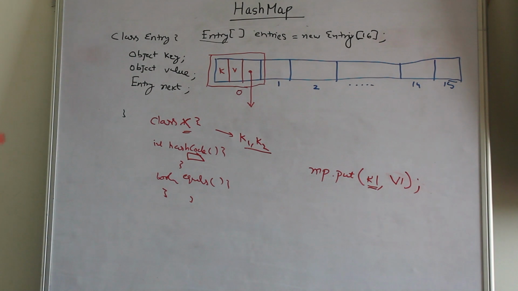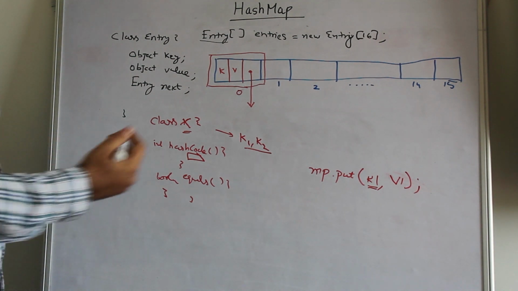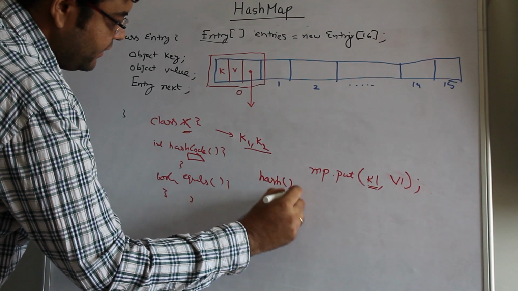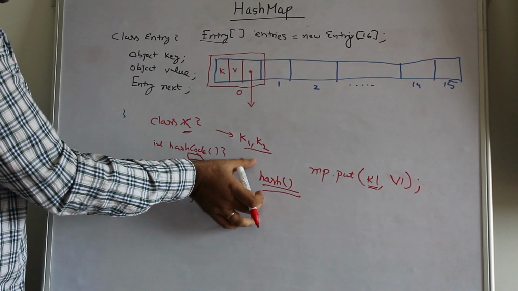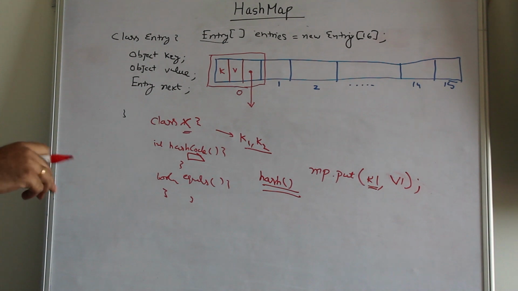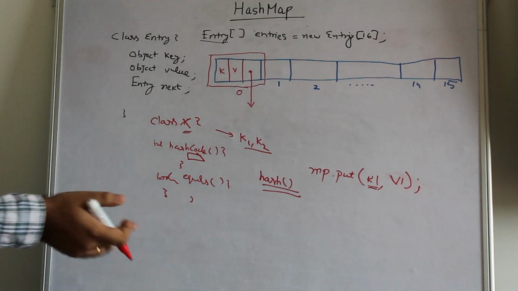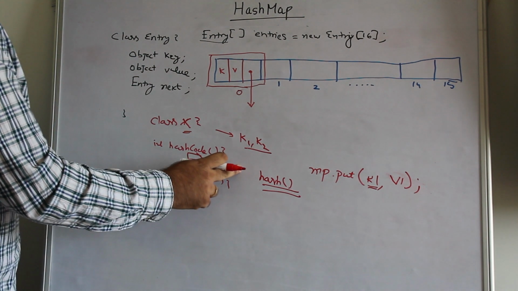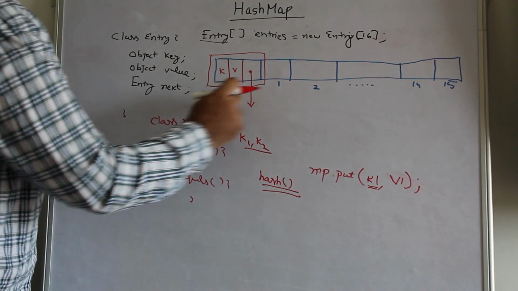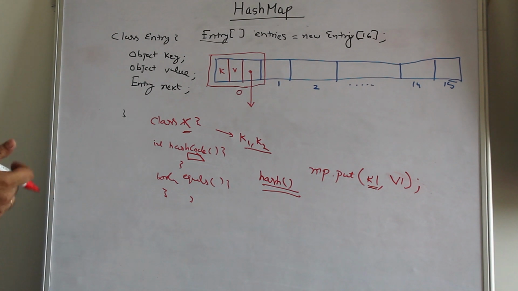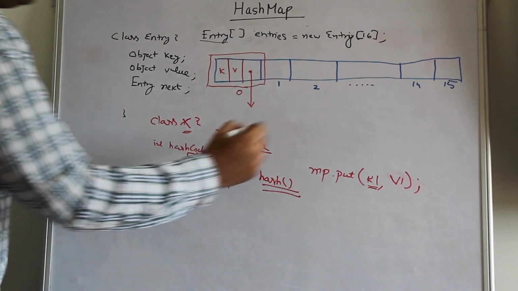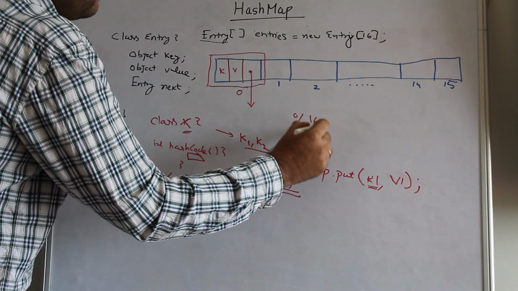It's some integer value. Now what the map does is, in the map there is one hash function, which is internal to the hash map. Based upon the hash code value of the key, it returns an integer which will be between 0 and 15. If we need to implement our own hash map kind of structure, we can use the modulo operation. We say modulo 16.